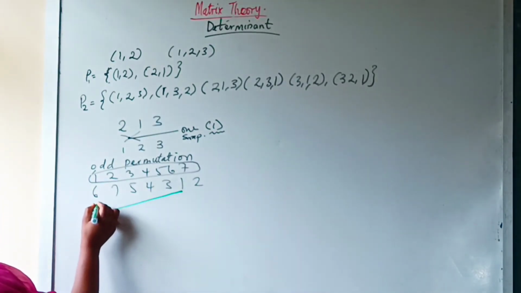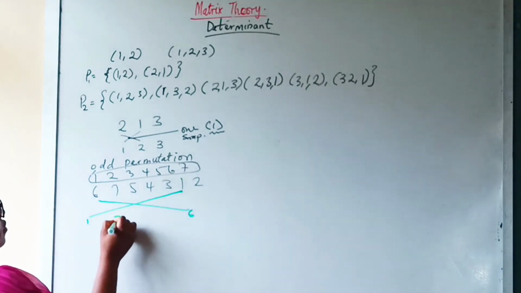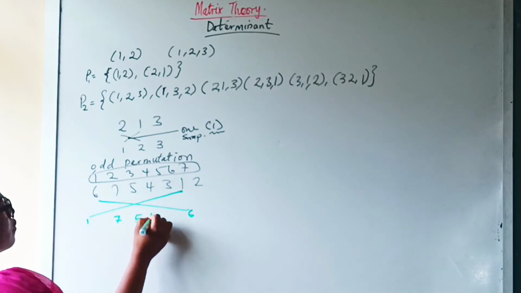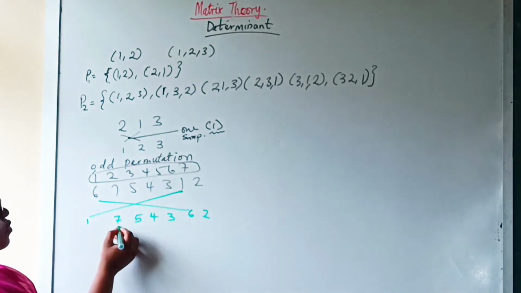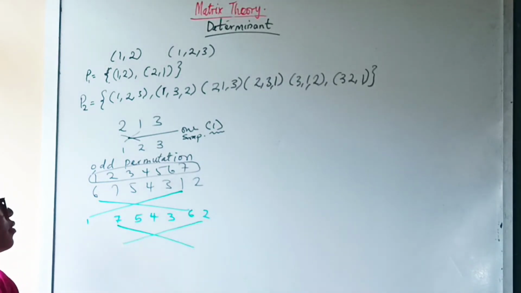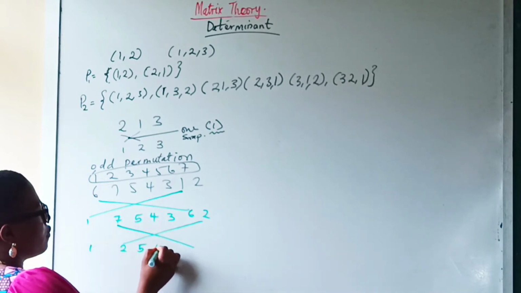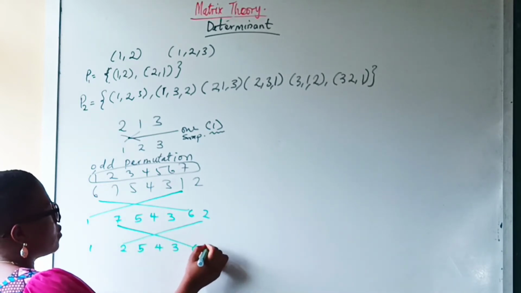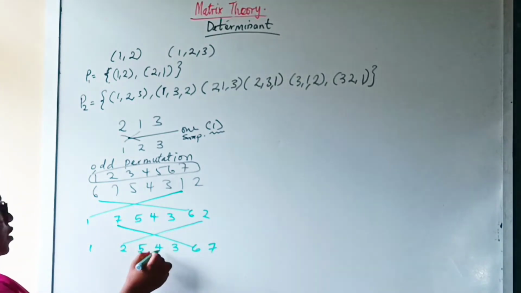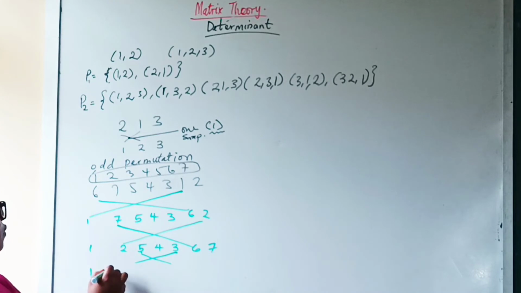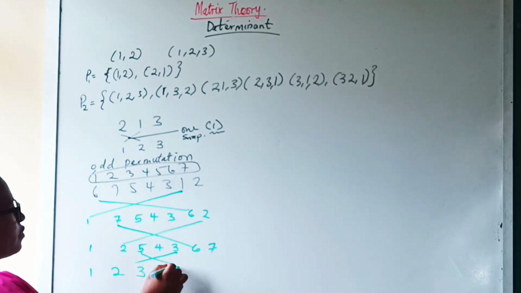Swap 1 and 6. We have 6, 7, 5, 4, 3, 2, 1. Next, move 2 to where it should be. Next, move 3 to where it should be. We have 1, 2, 3, 4, 5, 6, 7.